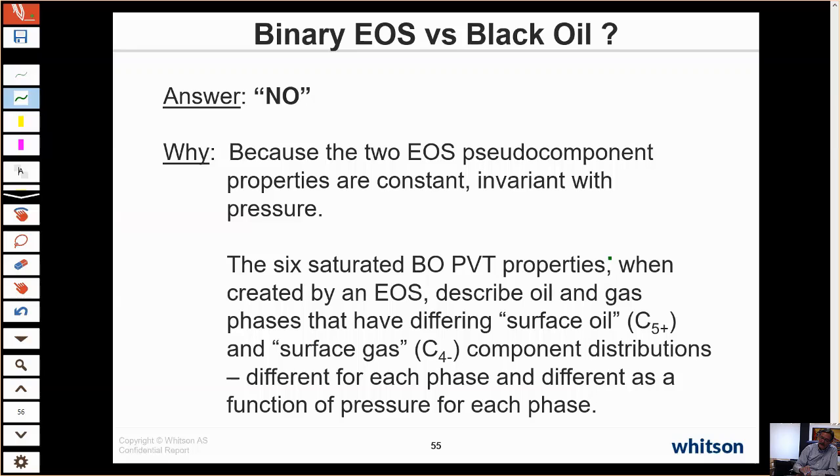Now, what really happens is that when you create black oil tables from a multi-component equation of state, which is what you normally do, you get all this fidelity and resolution in the component distributions changing in the gas phases and the oil phases, and as a function of pressure. It's capturing all of that.